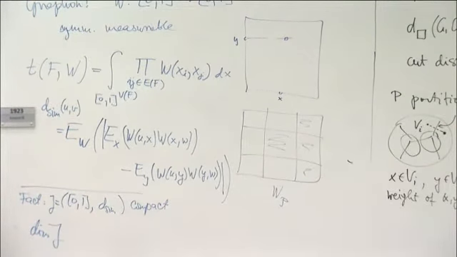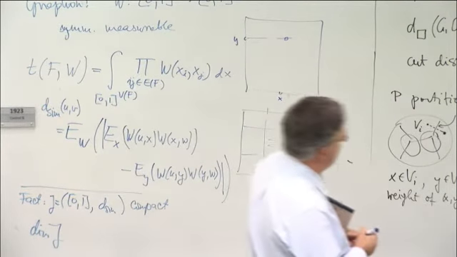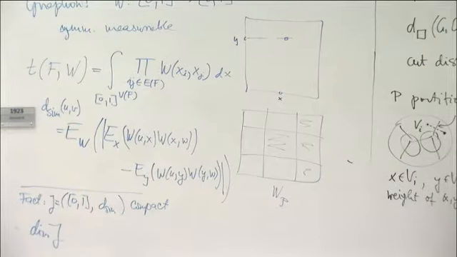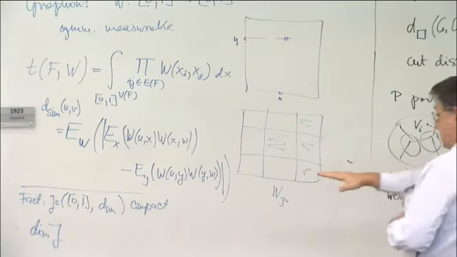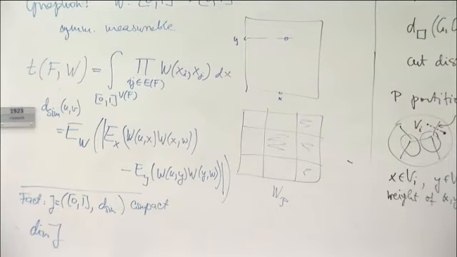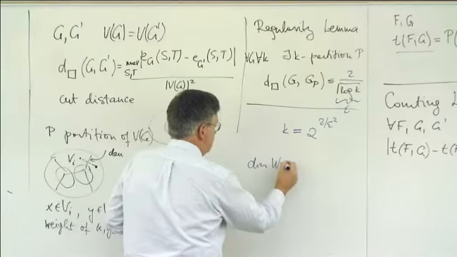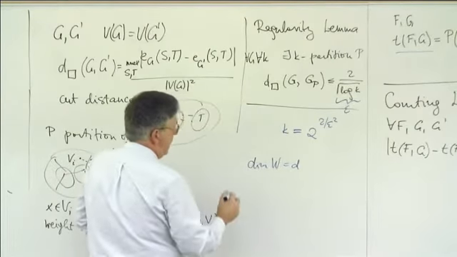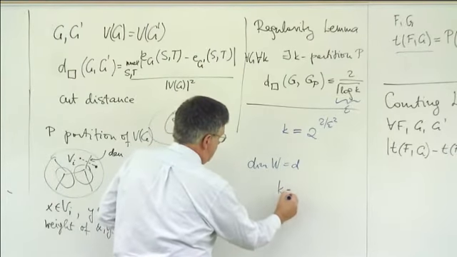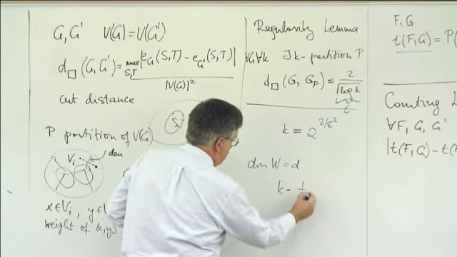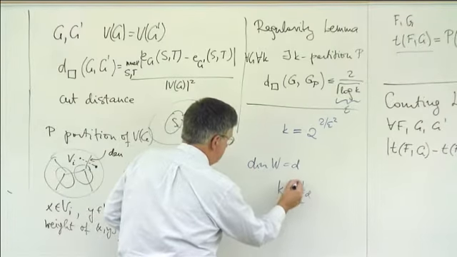Now, the regularity lemma is true for W's. You can replace this G, simply put a W here, and everything stays like that. And it's true that if the dimension of W is finite, say D, then you get K to be big O of (1/epsilon)^D.